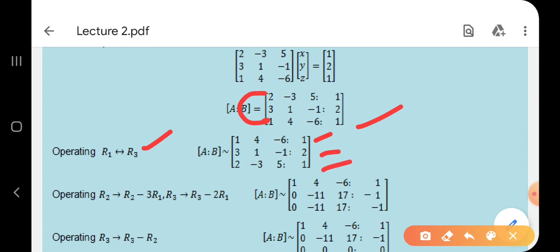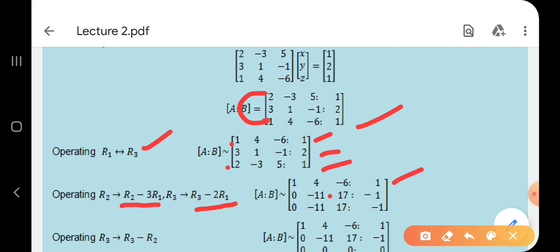Okay. Now make this position 0, make this position 0. So here R2 minus 3R1, R3 minus 2R1. Do it. 1, 4, minus 6, 1. Then here 3 minus 3, 0. Then 1 minus 12, it is minus 11.